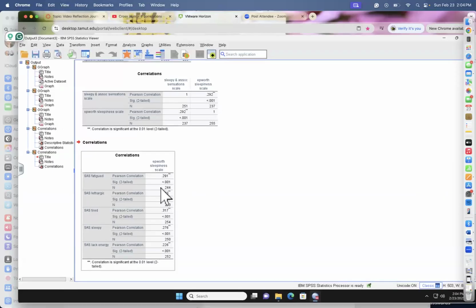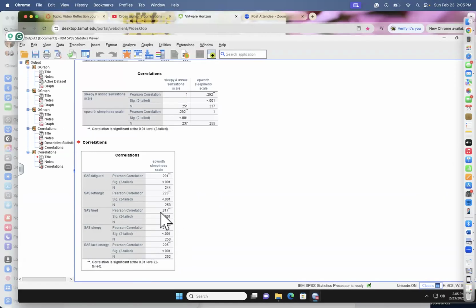When I hit run, it will show us our correlation between the individual SAS elements and the ESS. Now here you've got correlation significant again, and you can see that here. And we can see our highest number is the SAS tired, which is right at medium.